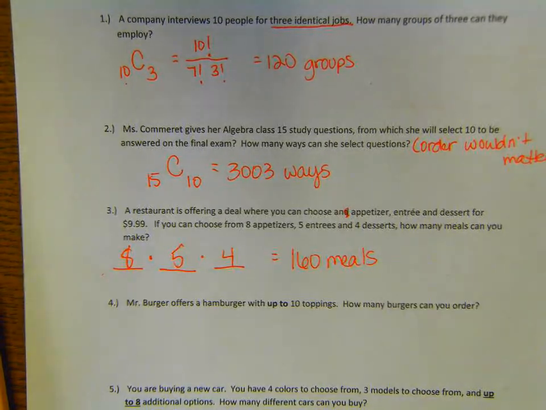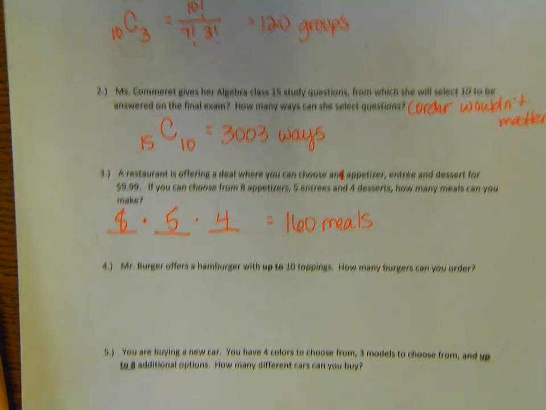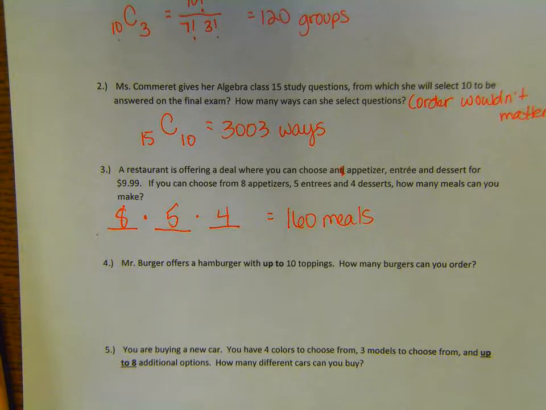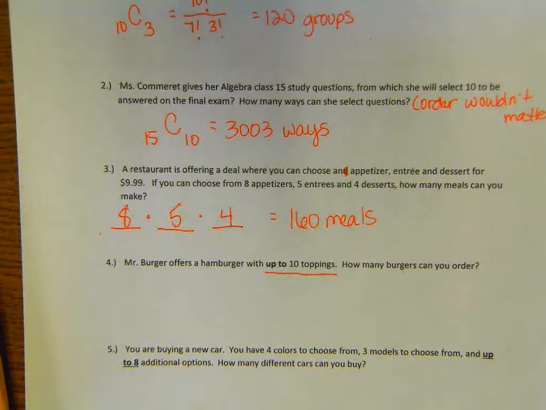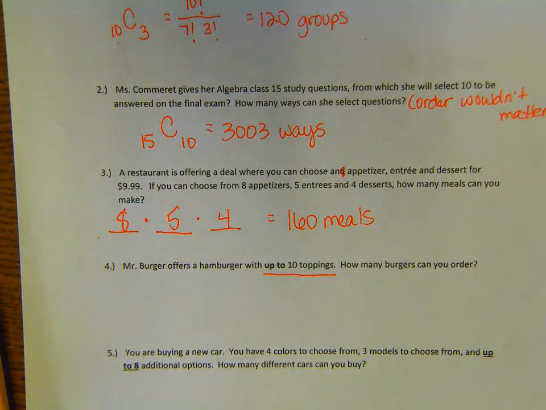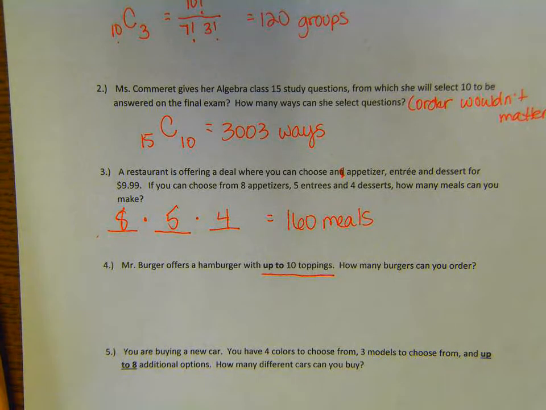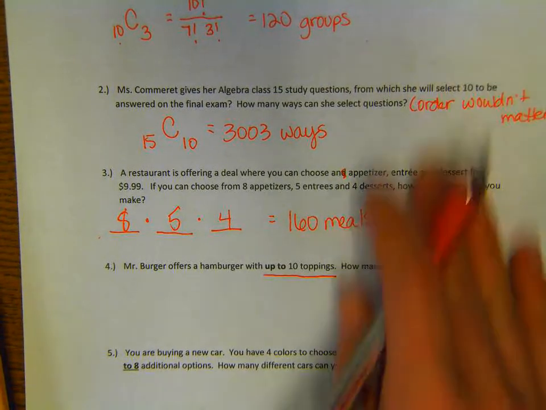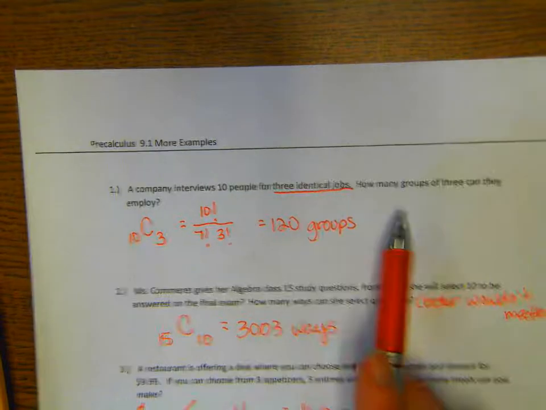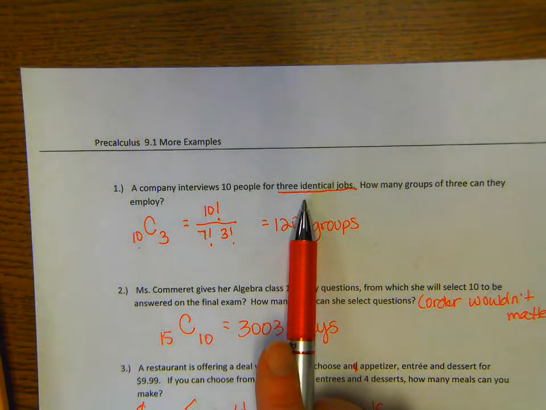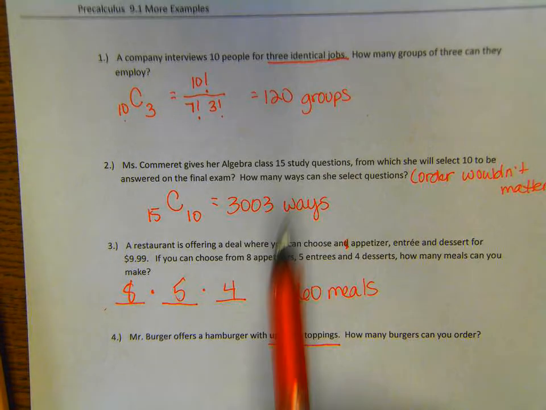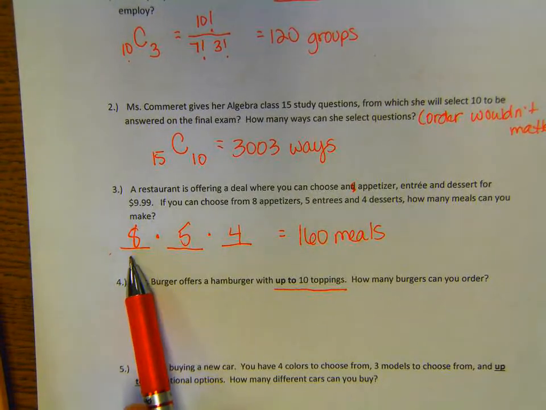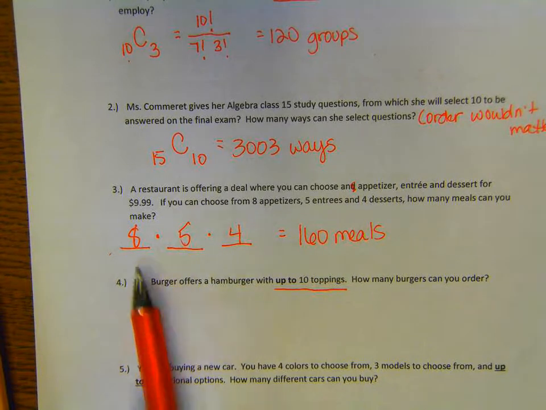Okay, so number 4, Mr. Burger offers a hamburger with up to 10 toppings. How many burgers can you order? Okay, so the reason why this is different than the ones I've been doing before is, like, in number 1, they have to select 3 jobs. In number 2, I am going to select 10 questions. In number 3, I have an appetizer, an entree, and a dessert.